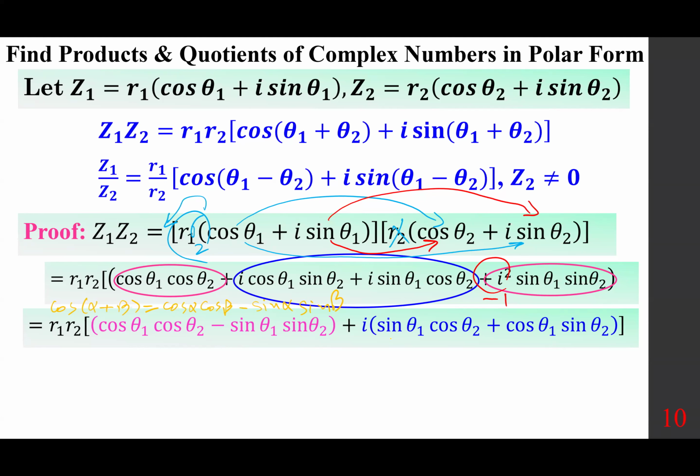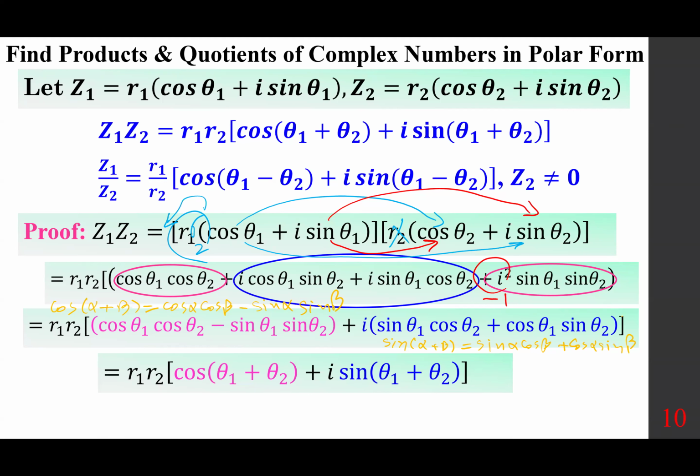And sine of alpha plus beta is sine alpha cosine beta, plus cosine alpha sine beta. So this is sine of alpha plus beta, means theta 1 plus theta 2. And believe it or not, that's a proof.